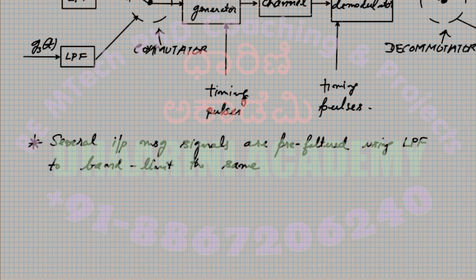Okay, these low pass filter outputs you are going to sample using the PAM modulation technique. Before that, you use a commutator. The rotating sampling switch known as a commutator extracts one sample from each of the outputs.